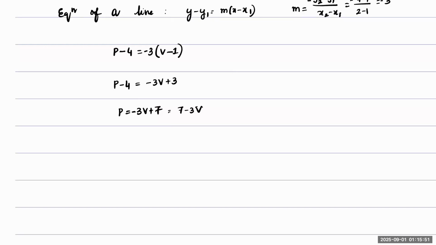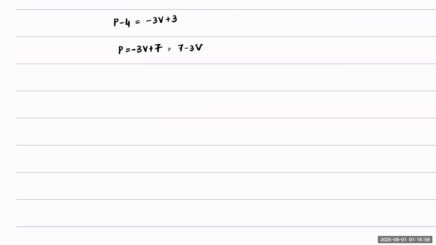And if you know the volume at that particular value, we should be able to figure out what is the temperature. Correct? So that's what we can do now. So we know that P into V is equal to nRT. So pressure is 7 minus 3V into volume V, that is equal to nRT, correct? Clear everybody? Okay.